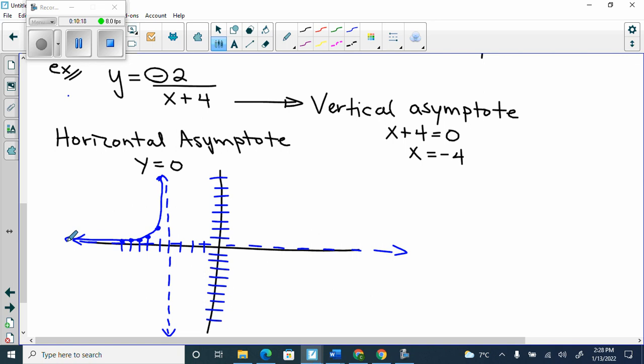And then I can look on the other side of negative 4: negative 3 and negative 2, negative 2 and negative 1, negative 1 and negative 0.6, 0 and negative 0.5. Okay, join me. There we go. And then it's going to run down here. And it's going to run along that whole thing, but never cross it.